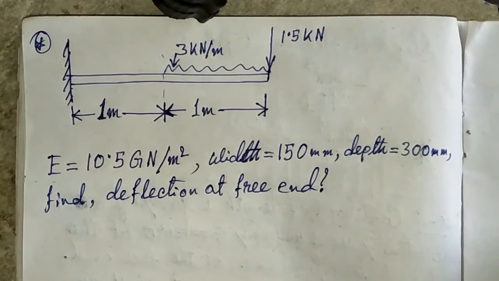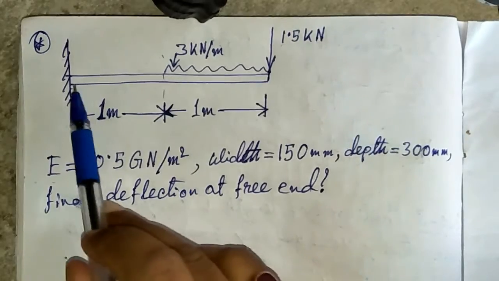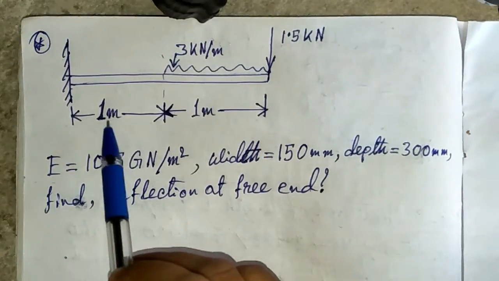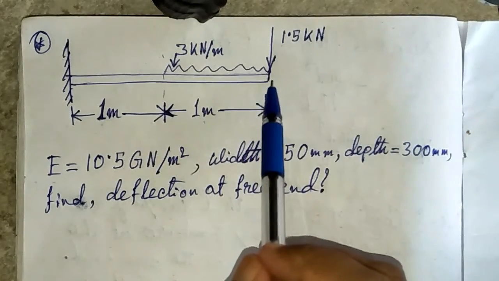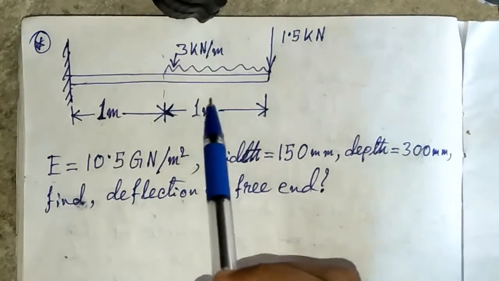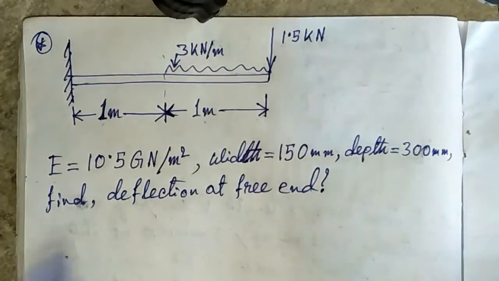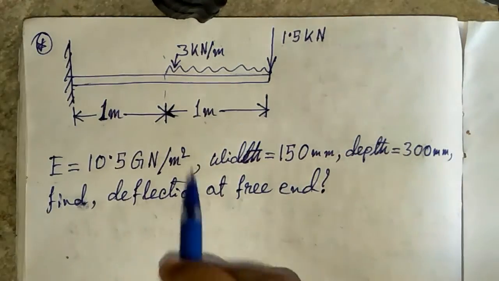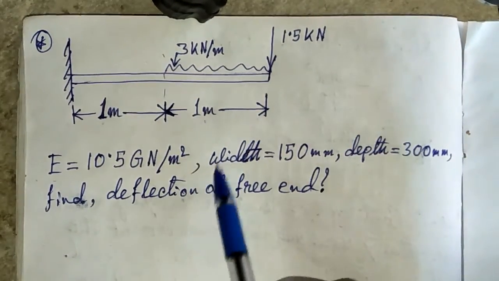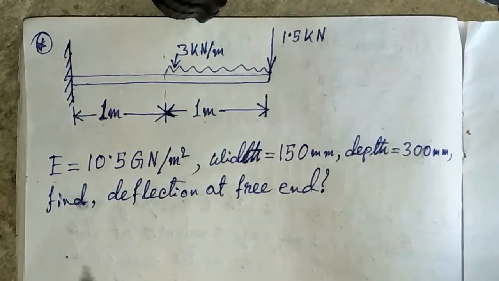So let's do a small numerical. As shown in this figure, this is a cantilever beam of 2 meter length. From the free end there is a UDL of 3 kilonewton per meter run, and the span of this UDL is 1 meter from the free end, and there is a point load acting at the free end also.